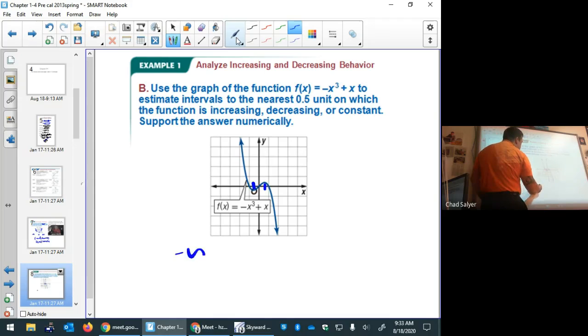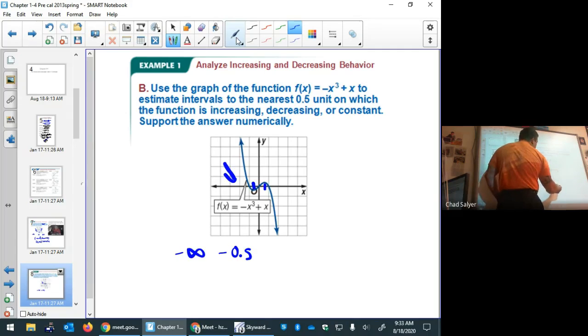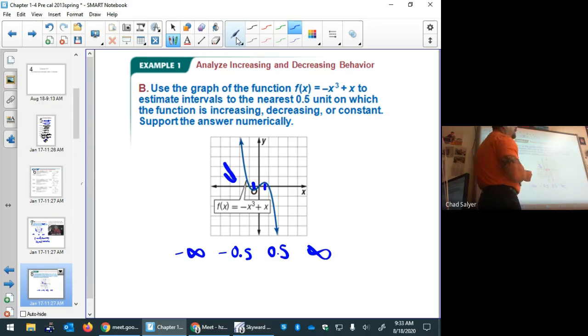So what I've got is behavior negative infinity to negative 0.5. It looks like it's going downward and decreasing. And then between negative 0.5 and positive 0.5, it appears to be increasing. And then 0.5 to infinity, decreasing again.